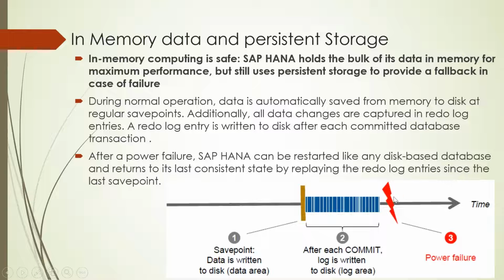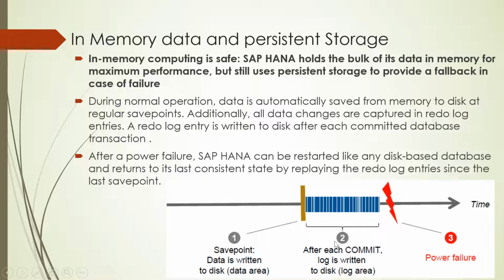Before the next savepoint is executed, your database crashes, a power failure happens, and your HANA database shuts down. Now you resolve the hardware or power issues, and then you start the HANA database. When you execute the command HDB start, it will recover all the redo logs, because here the savepoint was not executed.